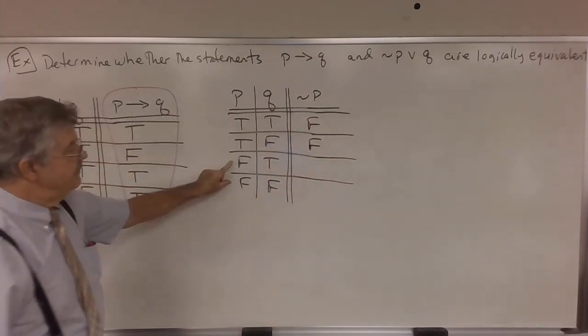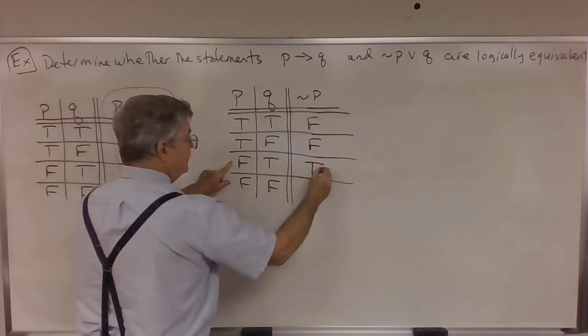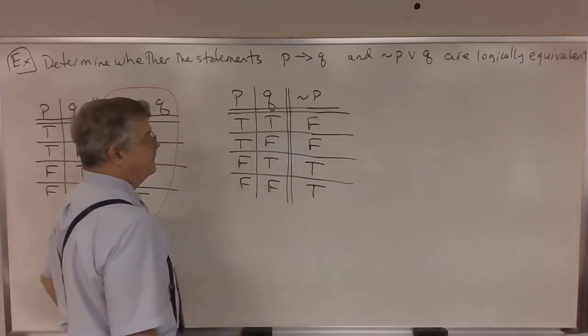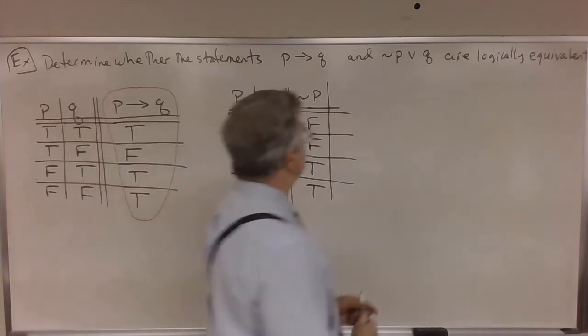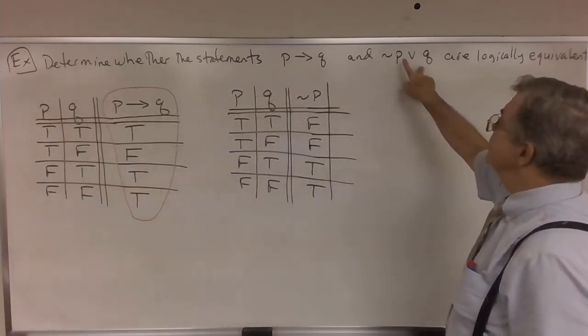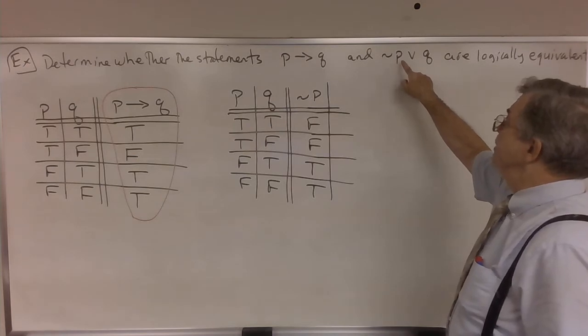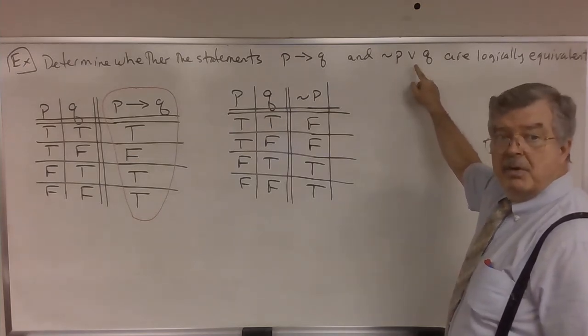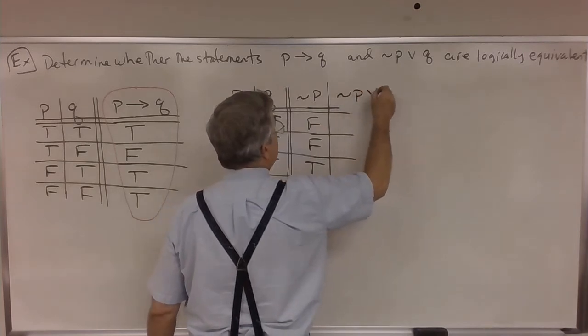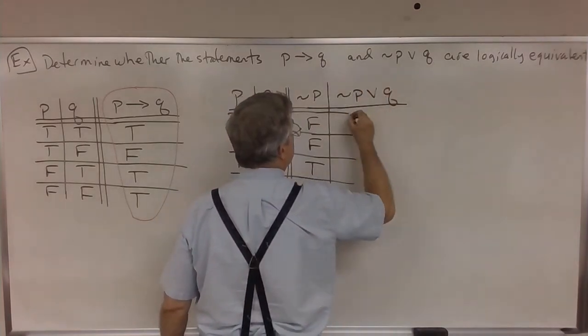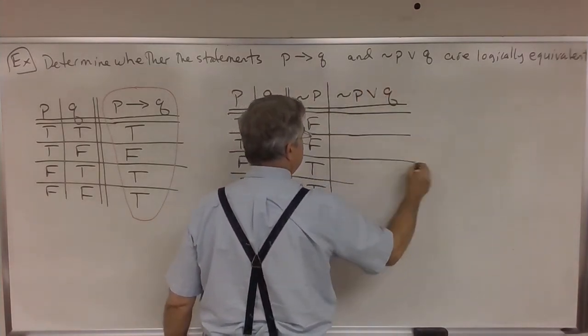And I change the falses to truths. There. Now I guess I have everything else I need. I have Q, I have not P. I'll just put these two together with an OR. Not P or Q. And let's see how this turns out.